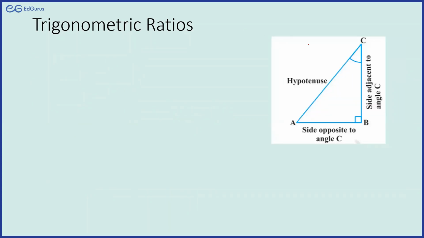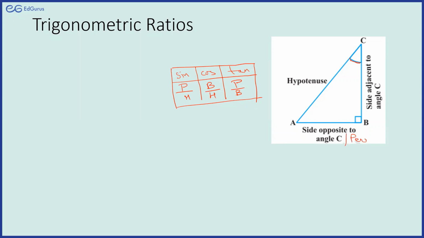Now, suppose this is our triangle ABC and we want to define sine, cosine, tan of angle C. So what will be the sine of angle C? Perpendicular upon hypotenuse. Because we are considering this angle, the side opposite to angle C is our perpendicular.